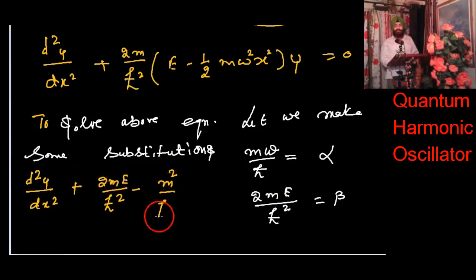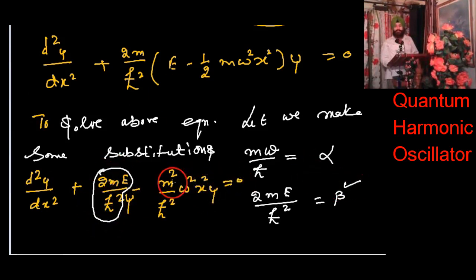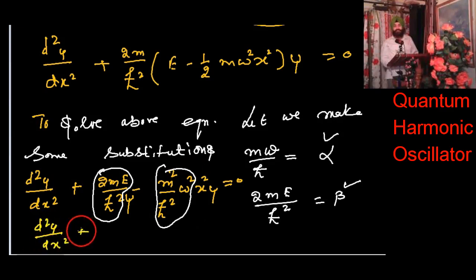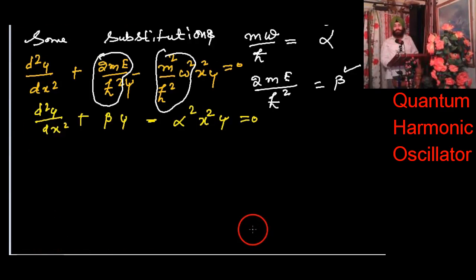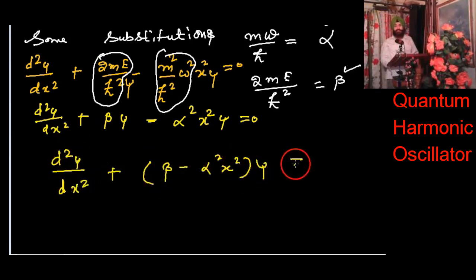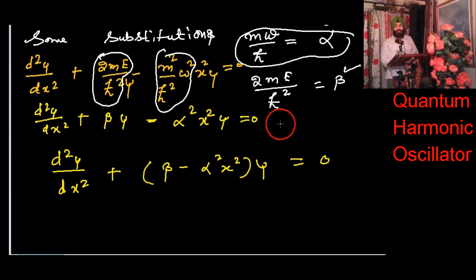Open the bracket, Schrödinger equation. Now substituting for alpha and beta, the equation reduces to this.